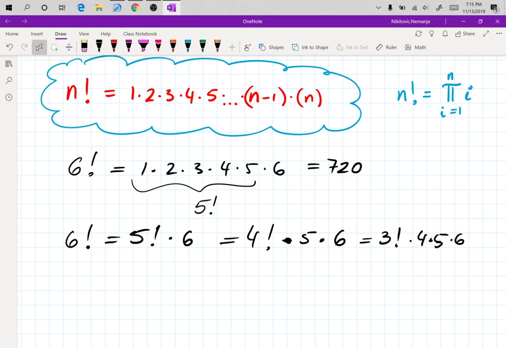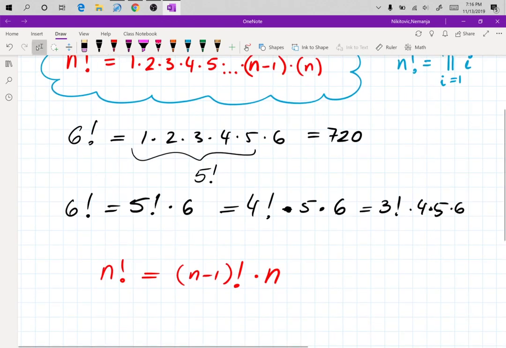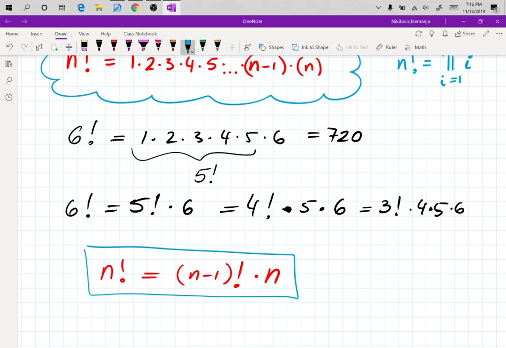And the fact that you can peel off factorial like this gives us the formula that n factorial can be written as n minus 1 factorial times n. This formula is useful for our ratio test coming up, and chapter 11, and then differential equation chapter 3, and so on. This formula is crucial.